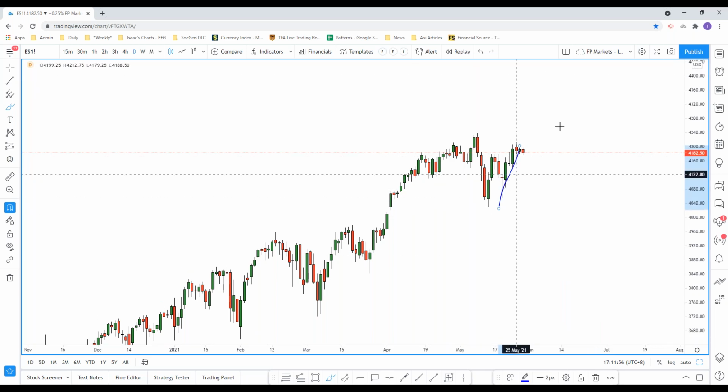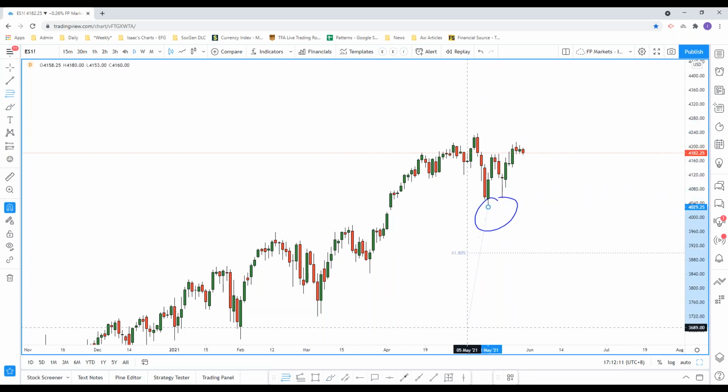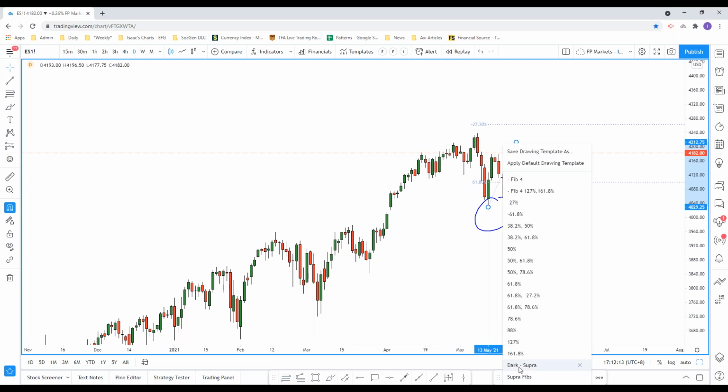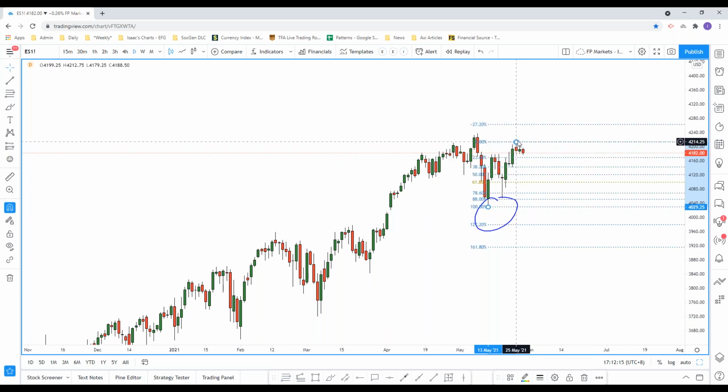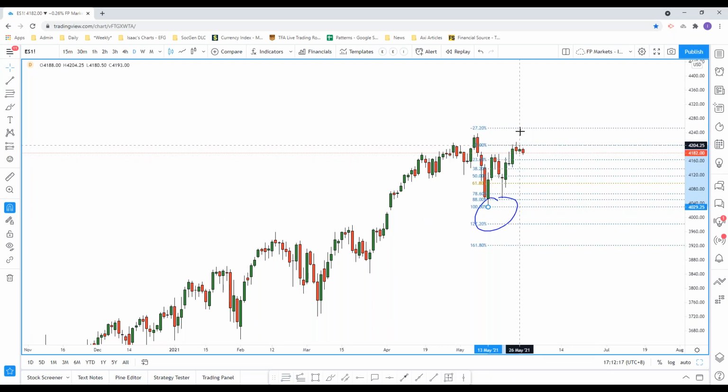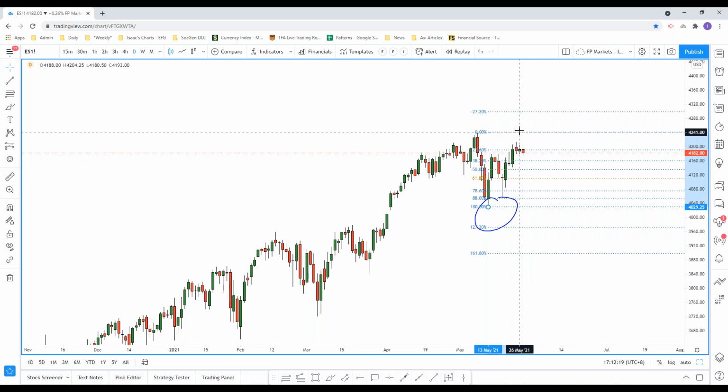Okay, let's say this is a swing low to a swing high, or we don't even know whether the swing high is completed yet. But we know that there's a swing low over here, and we draw a Fibonacci retracement in the direction of the trend, low to high. If price pushes higher, then our Fibonacci retracement is going to be adjusted higher and higher.